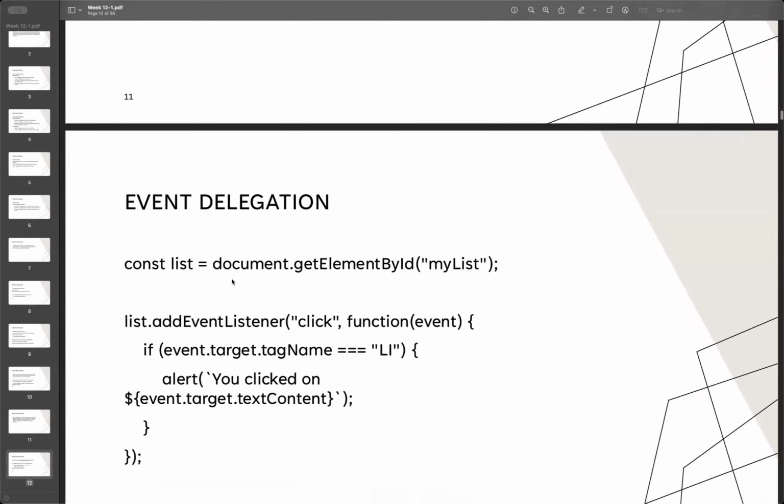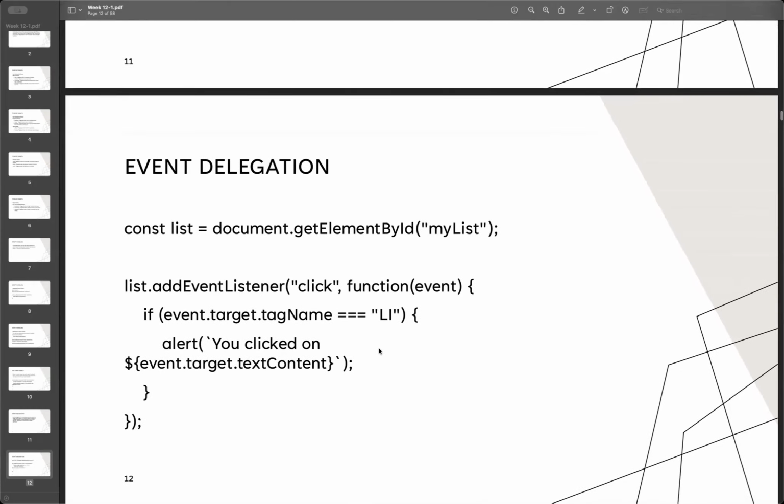So if we have a list, and we try to add the event listener, then we listen and go to the target and check the tag name. If it equals to LI, so you click on this, you will give an alert, right? So you're giving the target text content.